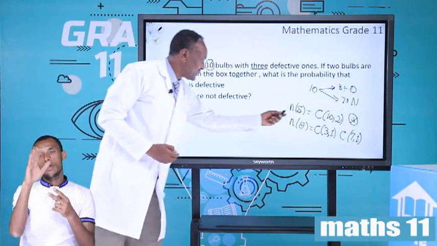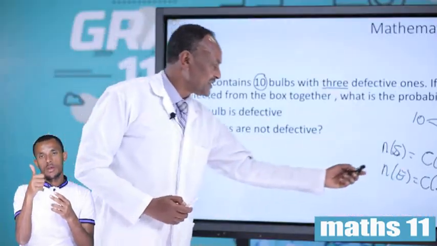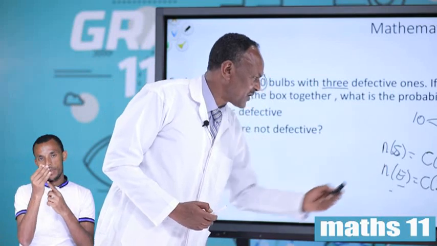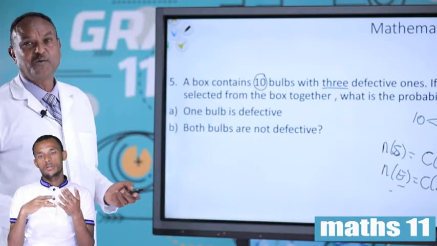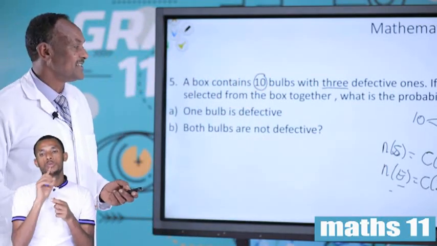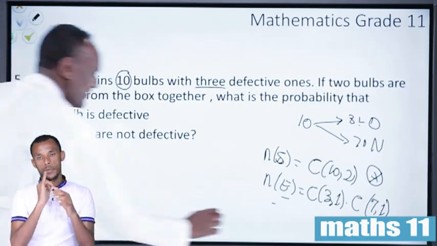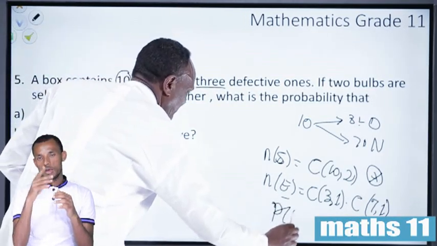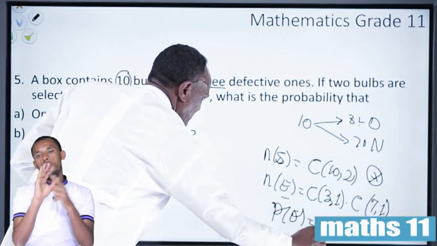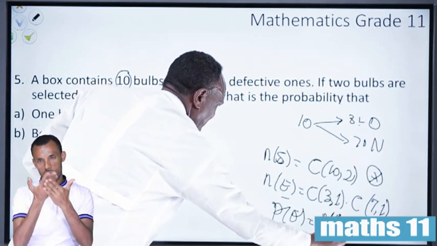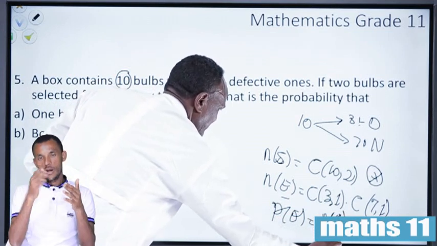You know the number of elements of the event and the number of elements of the sample space. What is the probability? The probability of one bulb being defective. Now, the probability of an event is equal to the number of elements of the event over the number of elements of the sample space.